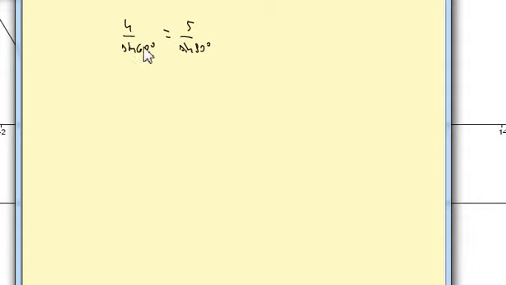Sorry, it's not sine 60, but sine of the angle that you are looking for, and let's label it with the letter delta.